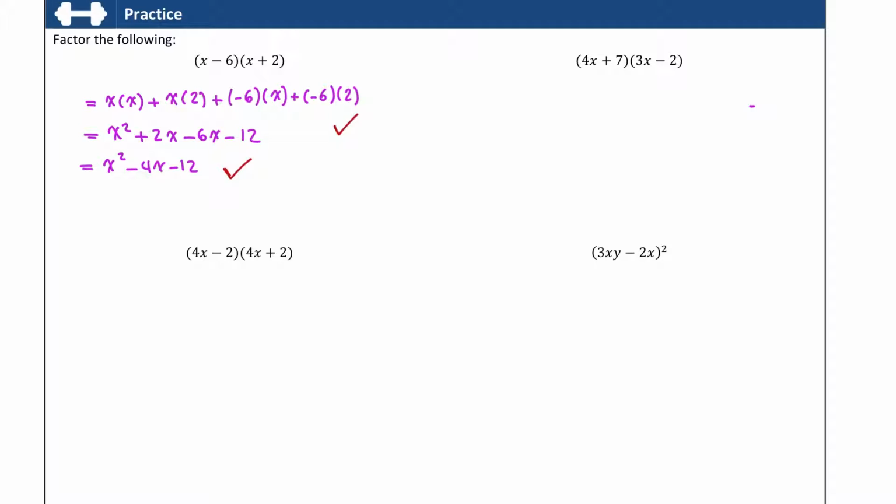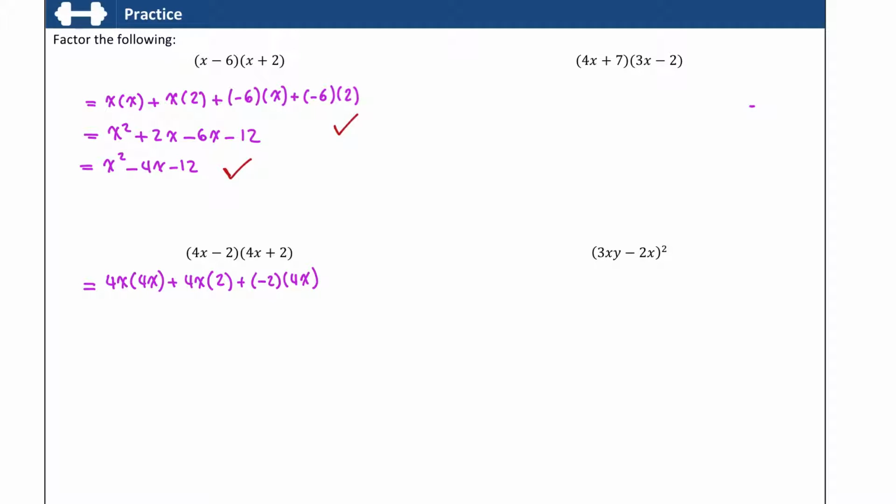Okay, for the next question, we'll do this one first, and we will use FOIL as well. So my first terms are 4x and 4x, plus my outside terms are 4x and 2. My inside terms are -2 and 4x.